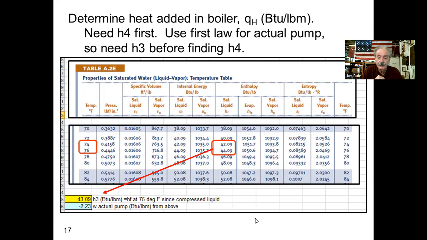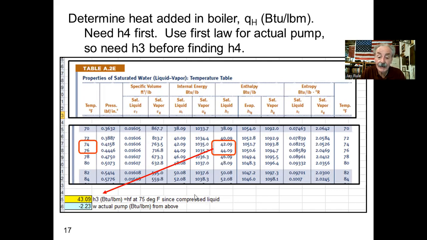I don't have it on this slide. The actual pump, adiabatic pump. So Q is 0, minus W of the pump, which we know, equals H4, pump outlet, minus H3. Okay, so we need H3 for the pump. We didn't determine that. We need H3 in order to get H4.